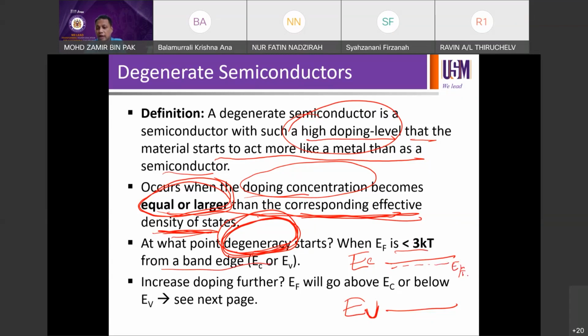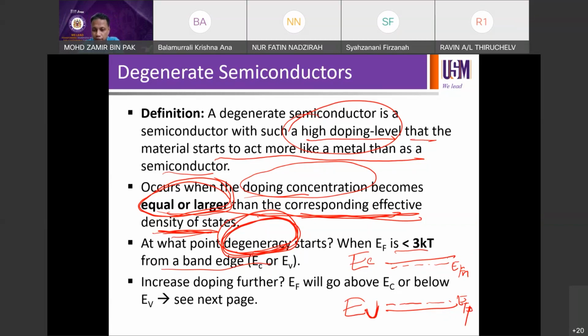Let me just put it EFN, because it's N-type, to distinguish from this below, P-type. If you put EF alone it is understood already as long as you know it's N-type or P-type. But for this particular case, I'll just distinguish in order for you to understand. EF for N, EFN, EF for P, EFP. You can stick to this notation if you like throughout your answers, because I understand it already, right?